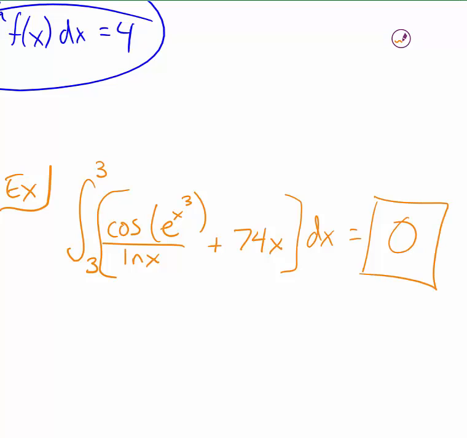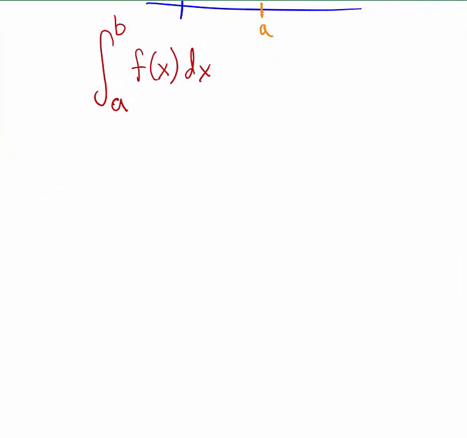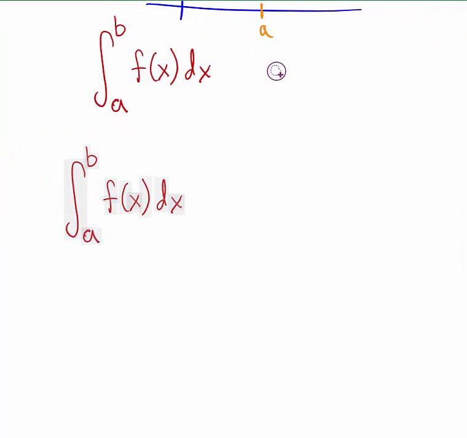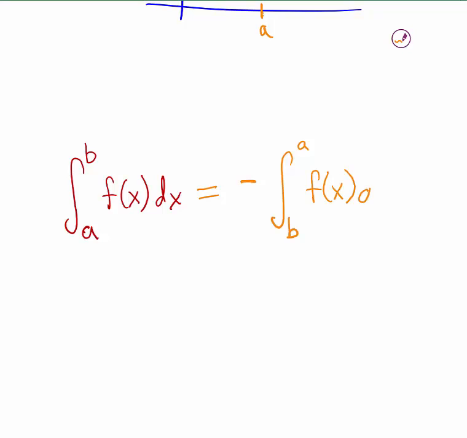So any integral where the interval does not change is equal to 0. And then finally, our last one is going to be that the integral from a to b of f of x dx is always equal to the negative, the opposite of the integral from b to a of f of x dx. So if you switch your endpoints, then the integral switches signs.